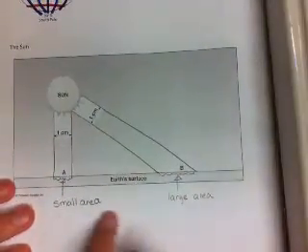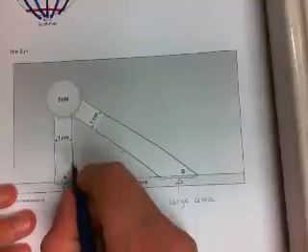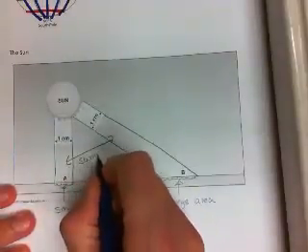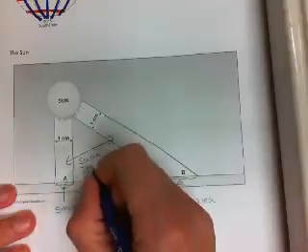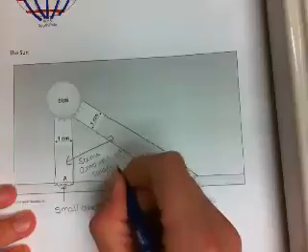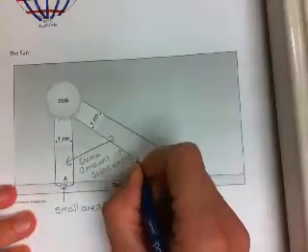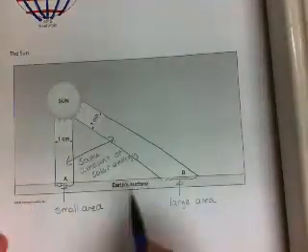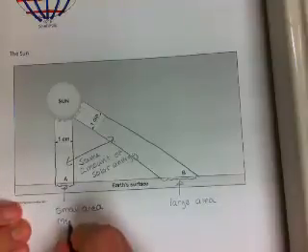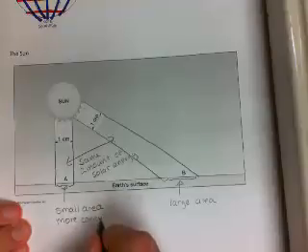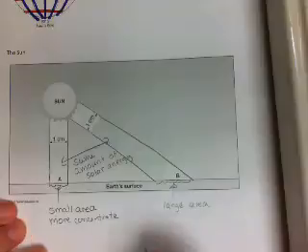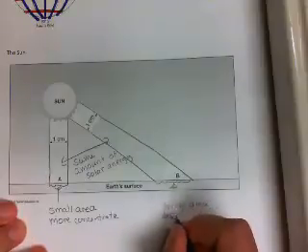Now, why is that important? Because these are getting the same amount of sunlight, the same amount of solar energy. However, this one is covering a small area and it's more concentrated, and this one's covering a large area and it's less concentrated.